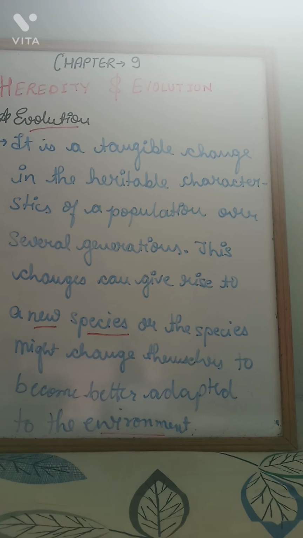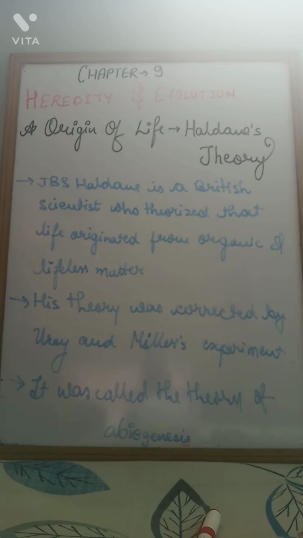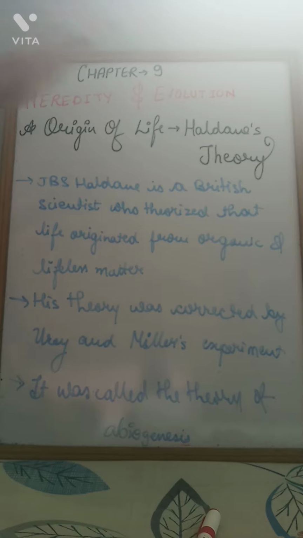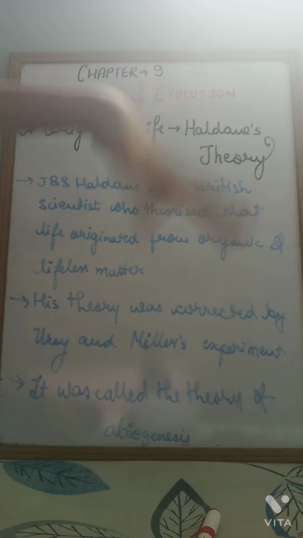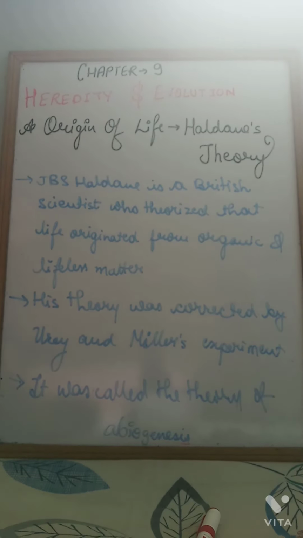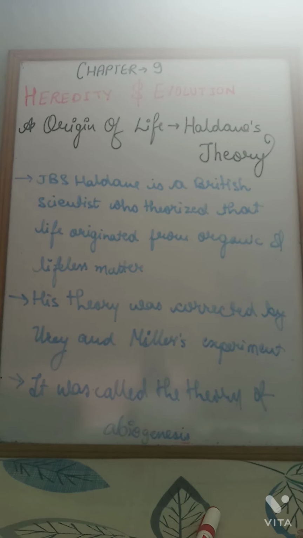Evolution is the most important part of this chapter, heredity and evolution. In the year 2020, the whole evolution part was deleted due to COVID situations, but this time the full chapter is coming. So I have done the evolution part.